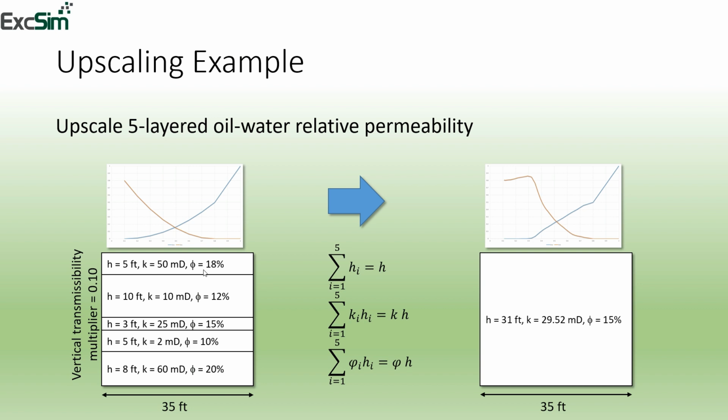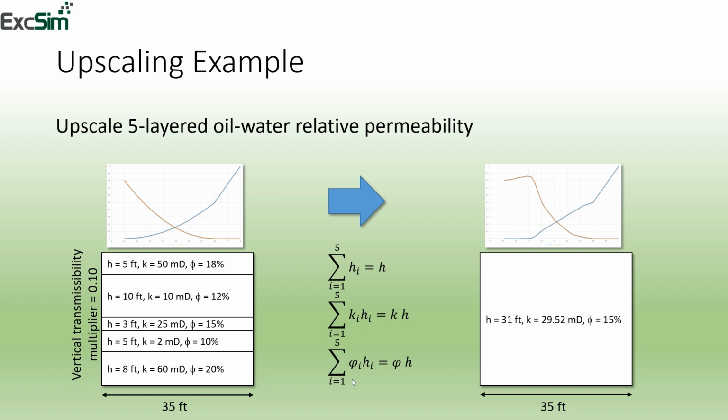But you also have an upscaling of the model itself from a 5-layer model to a single-layer model. And in that upscaling, you want to preserve the thickness and the permeability thickness, the permeability times thickness of each layer, that added a cumulative kh.